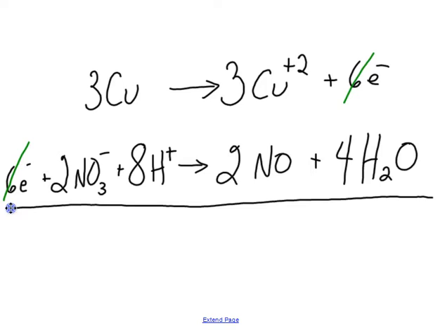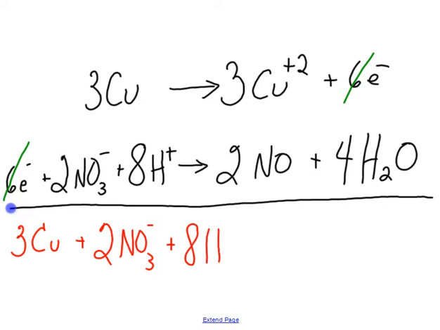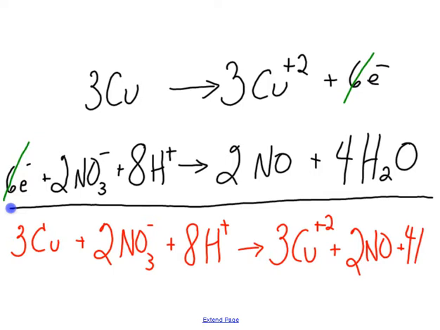When we add them all up, we've got 3 copper plus 2 nitrate ions plus 8 hydrogen ions yield 3 copper ions plus 2 NO plus 4 waters.